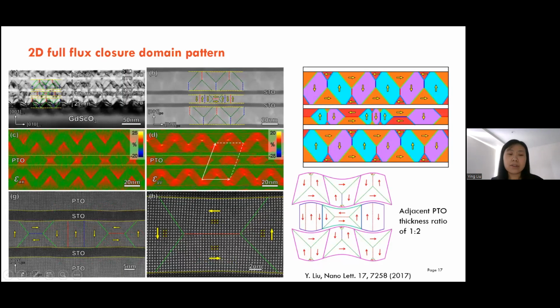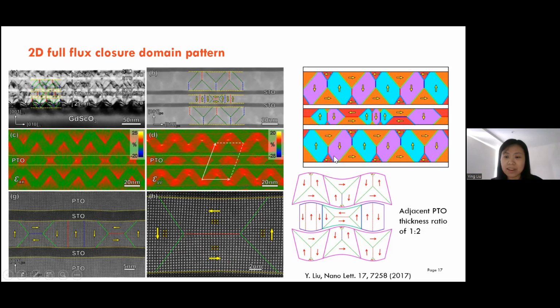And then we decrease the thickness of one layer of the PTO to half the thickness of the other layer. And we found the domain pattern has changed a lot. In the adjacent layer of the PTO, near the thin layer of PTO, it shows the upside curve of the polarization.